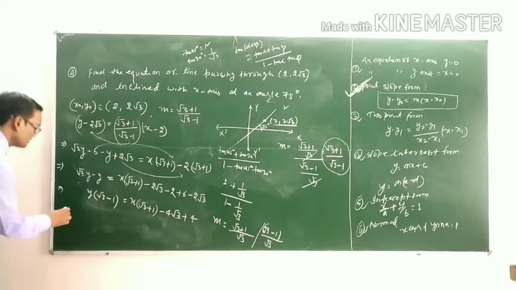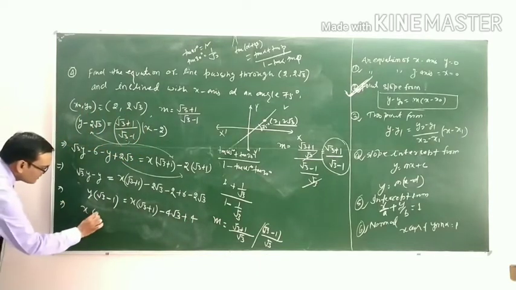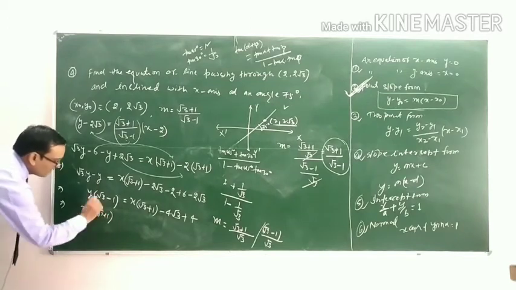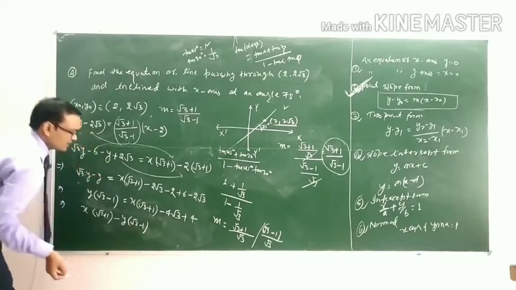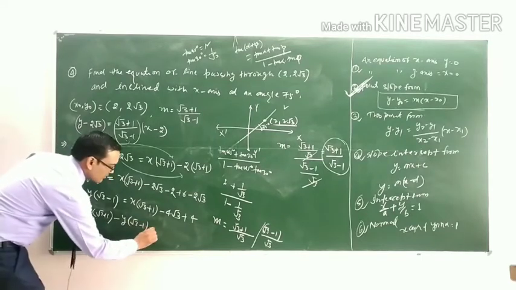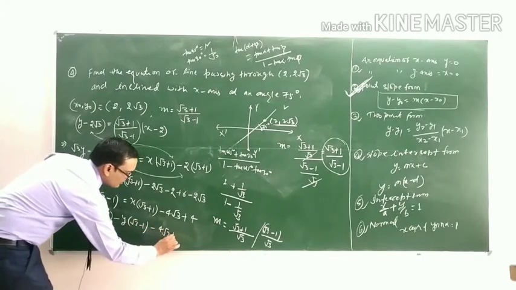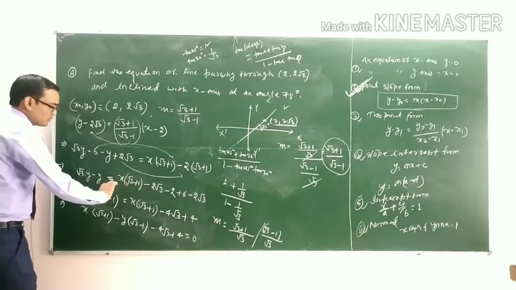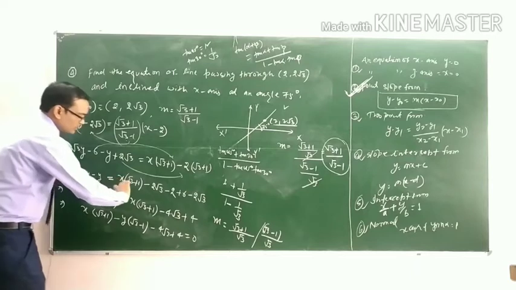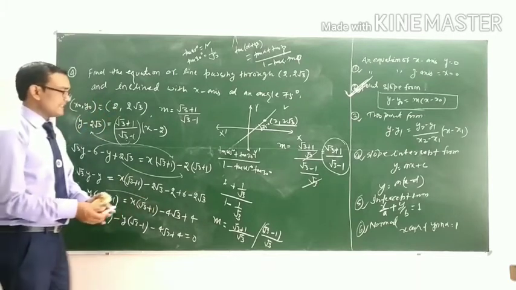Okay students, this implies that x root 3 plus 1 minus y root 3 minus 1 and minus 4 root 3 plus 4 equal to 0. We transfer y into root 3 minus 1 in the right hand side.